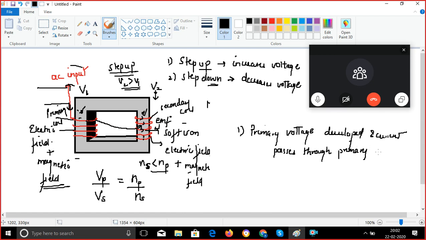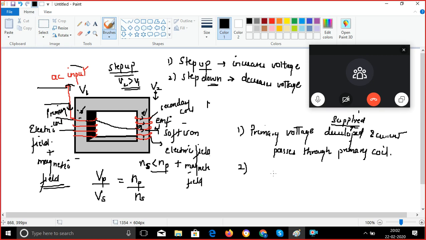In both ways you can tell, both are the same. More accurately, when primary voltage is supplied, then current passes through the primary coil. So you can write "supplied", that will be a better word.